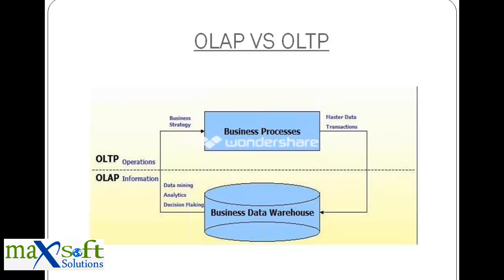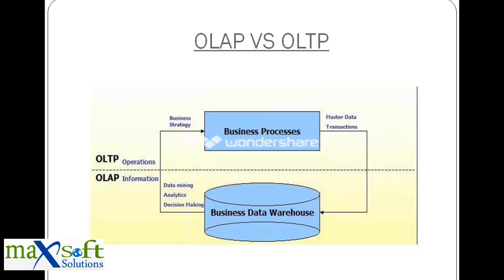What an OLTP system does is, it's an online transactional processing system, which is used for operations purposes. Say, for example, you go to a store and buy something, and you get a receipt out of it, and some entry goes into your transactional system.